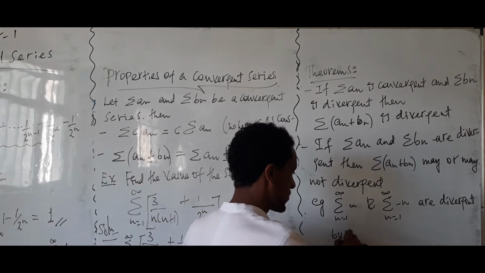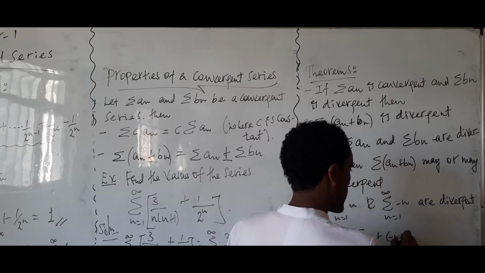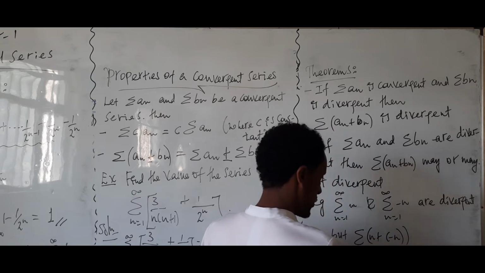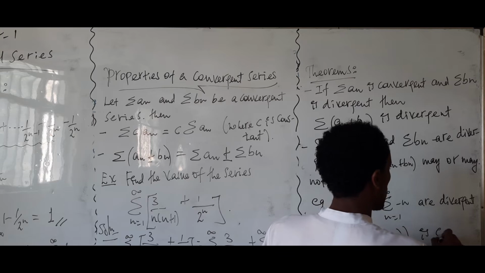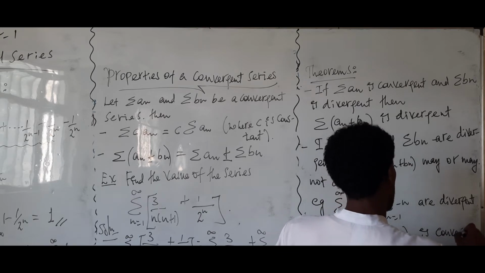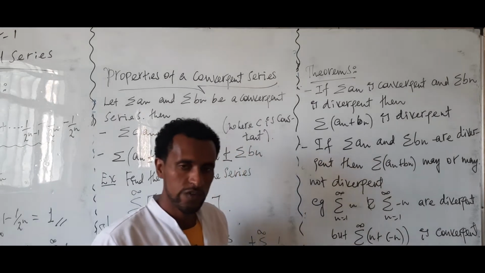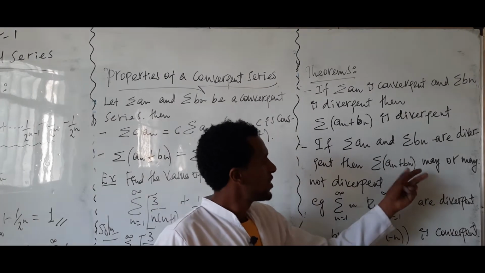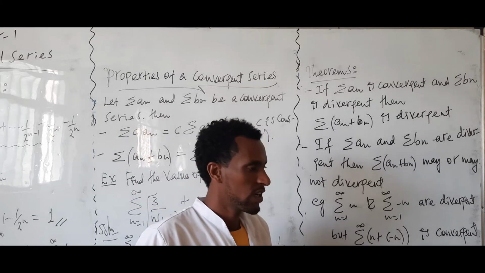But the sum of n plus minus n from 1 to infinity is convergent. So the divergence of two different series does not imply the divergence of their sum.